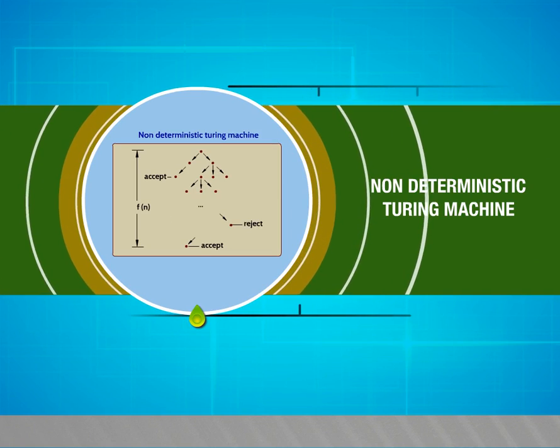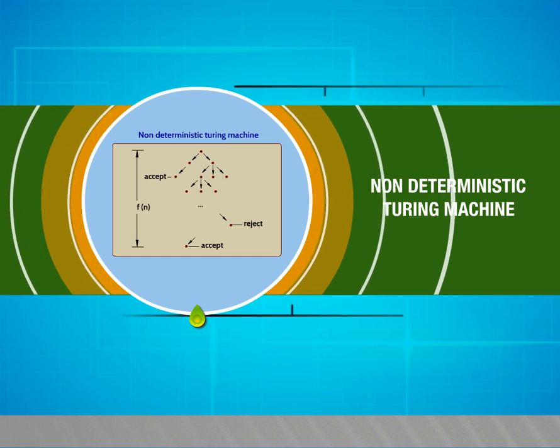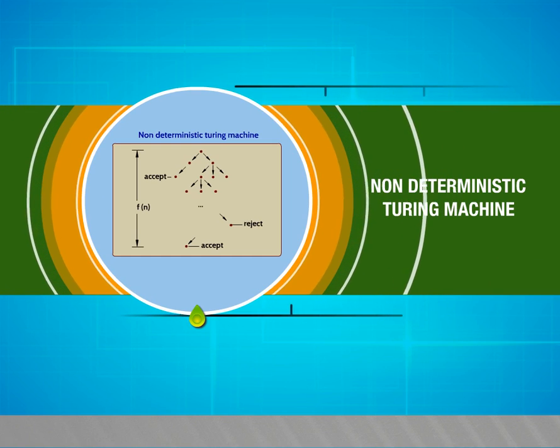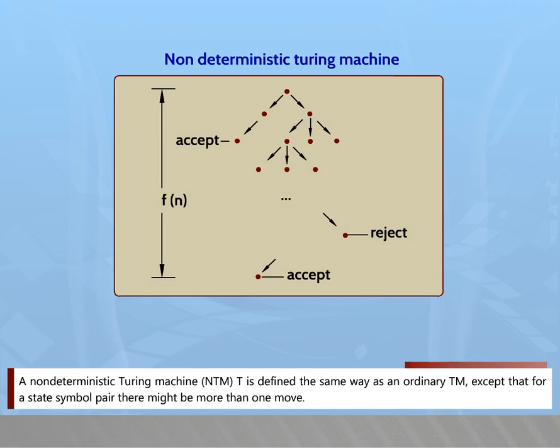Nondeterministic Turing machine. In this video, we are going to see about nondeterministic Turing machine. A nondeterministic Turing machine, that is NTM, T is defined the same way as an ordinary TM, except that for a state-symbol pair, there might be more than one move.